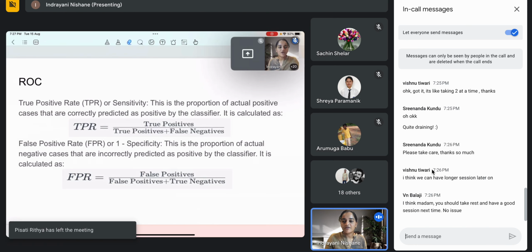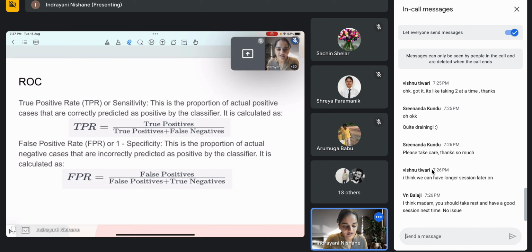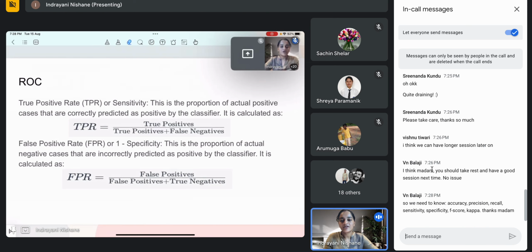True positive rate is also known as sensitivity, and false positive rate is 1 minus specificity. Specificity can again be asked in exam questions or assignment questions, or what is the false positive rate, or the true positive rate, or the sensitivity of a particular algorithm. For that we will be using this formula.